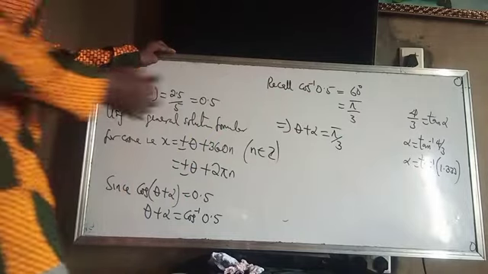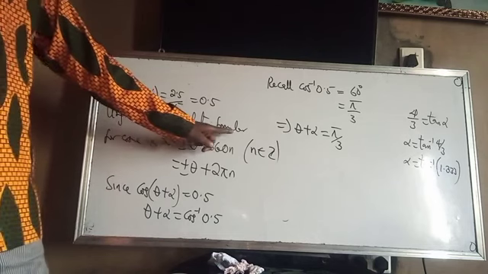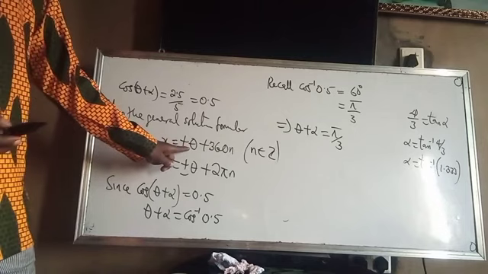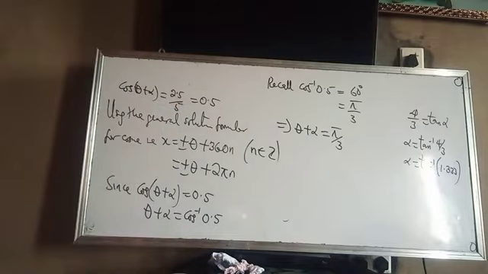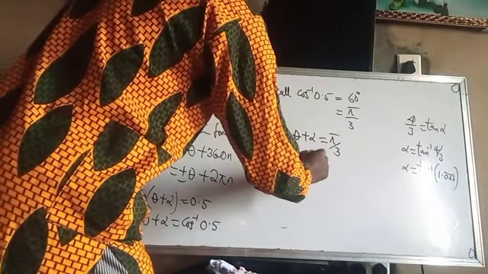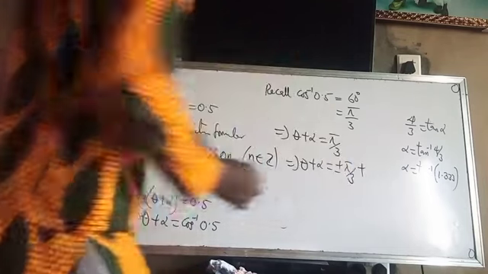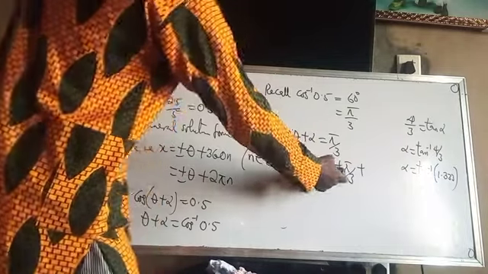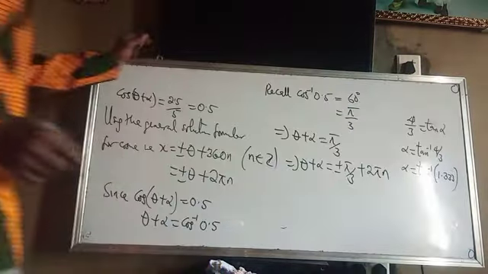So in this case now, what next? Remember I said the general solution formula for cosine is this. So how do we get our theta? Just by writing it this way. Theta plus alpha will be plus or minus pi over 3 plus 2 pi n.